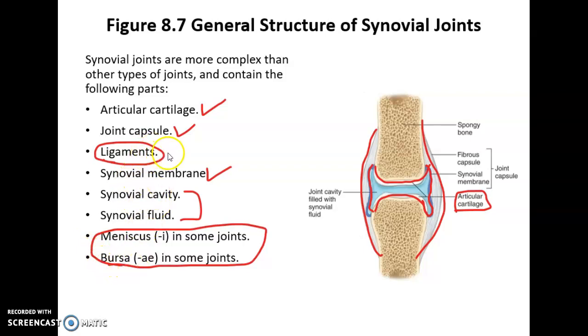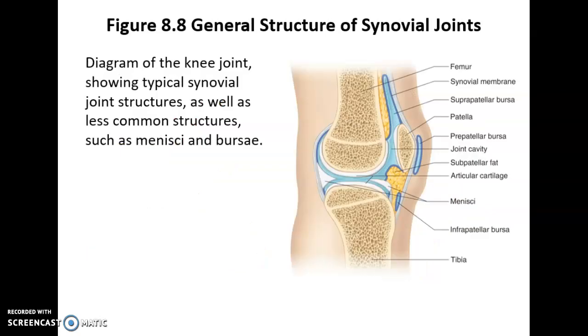Usually we have this in big articulations such as the elbow, hip joint, and the knee joint. Then we have the general structure for the synovial joints, usually between long bones, and here we have this major joint, the knee joint.